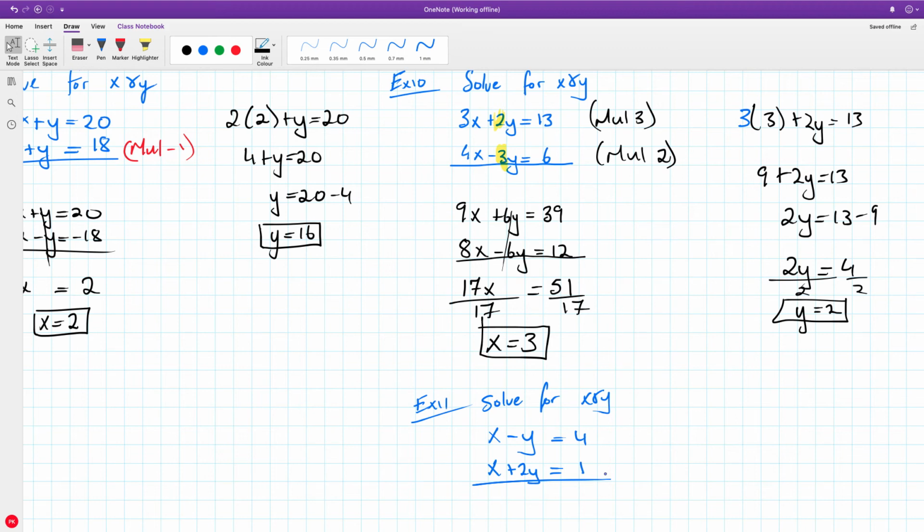The lowest number these have in common, 1 and 2, is 2. You want to get this up to minus 2y.